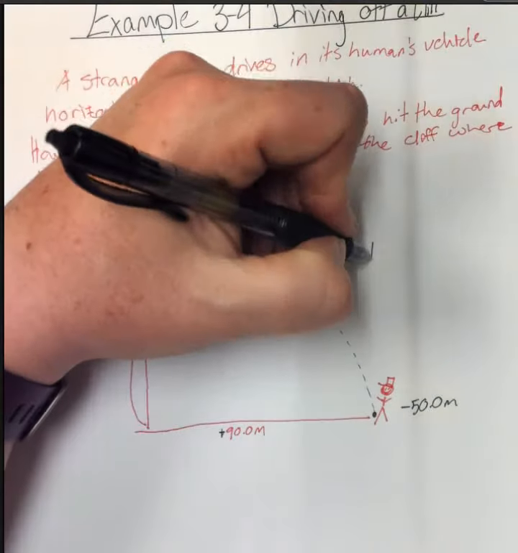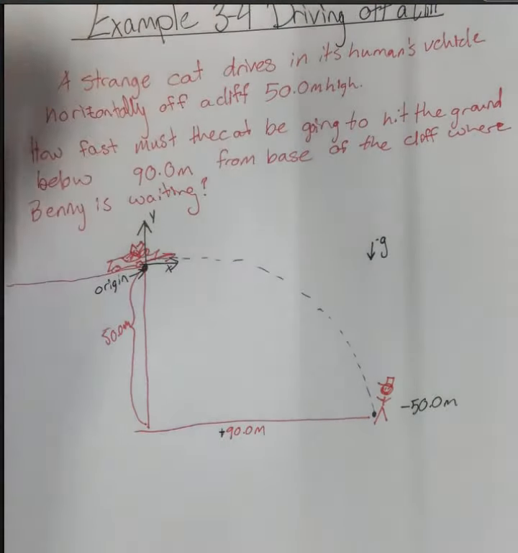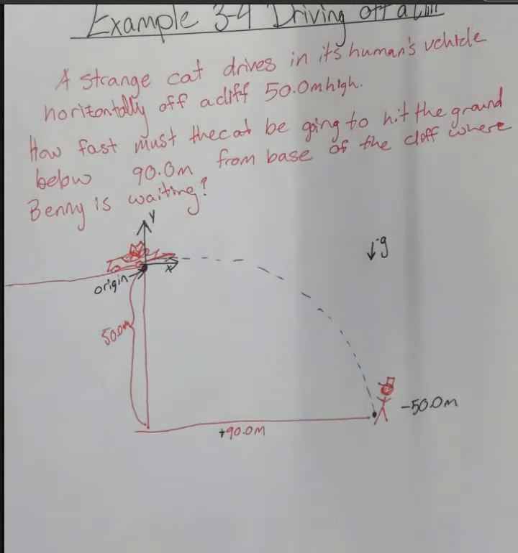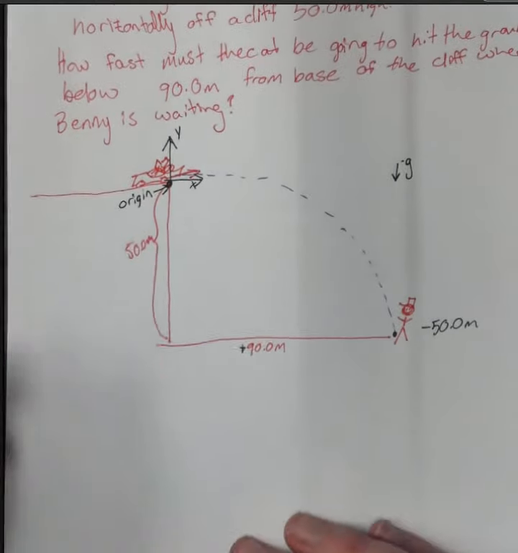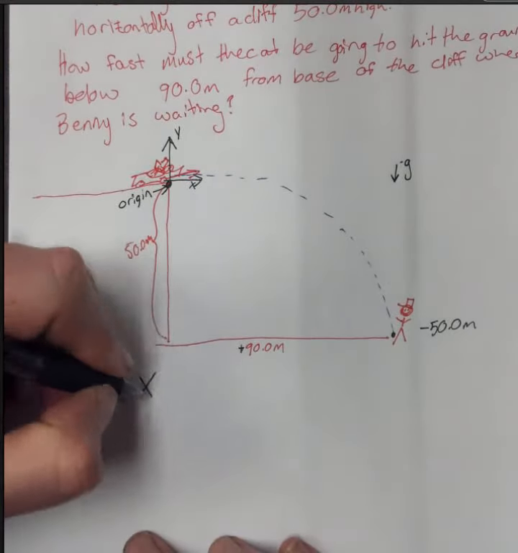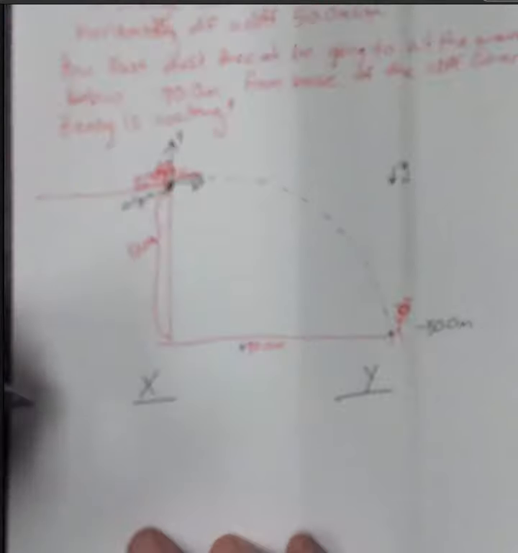And since down is negative, that means that gravity is down, so gravity is going to be negative. And we can break our problem up into x and y components now. Alright, so x components and y components, x pilot and y pilot.